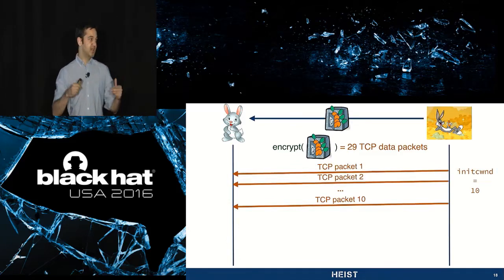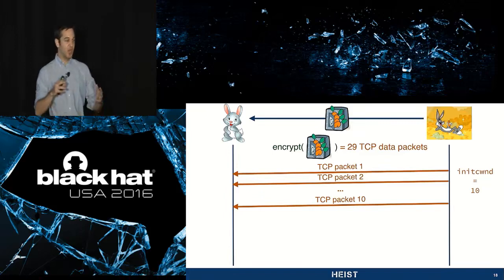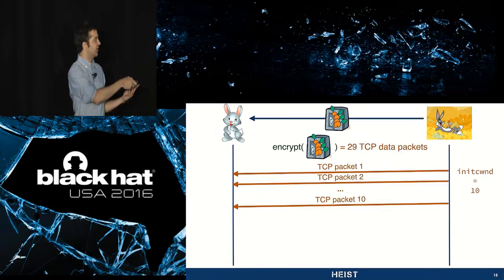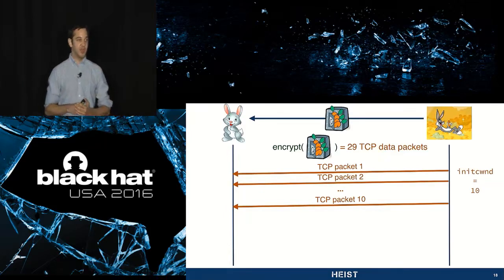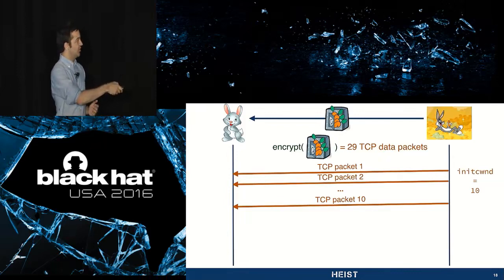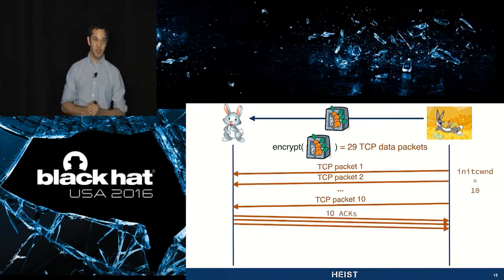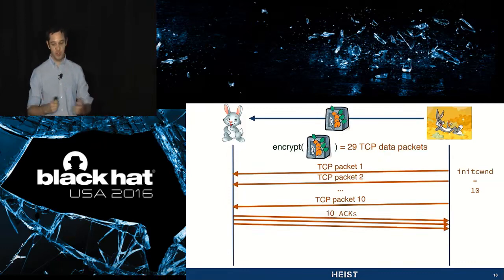The reason we only send 10 packets is because the initial congestion window on most systems equals 10. The initial congestion window, also called TCP window, states how many packets an endpoint can send without waiting for them to be acknowledged. So in this case, we can send the initial 10 packets here. They are sent at almost exactly the same time. And then we have to wait 1 round trip until these packets are acknowledged. So we are receiving 10 acknowledgements.